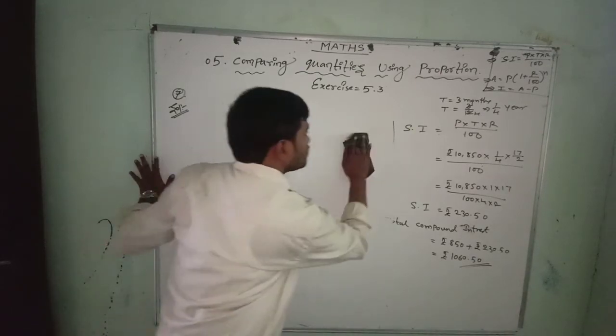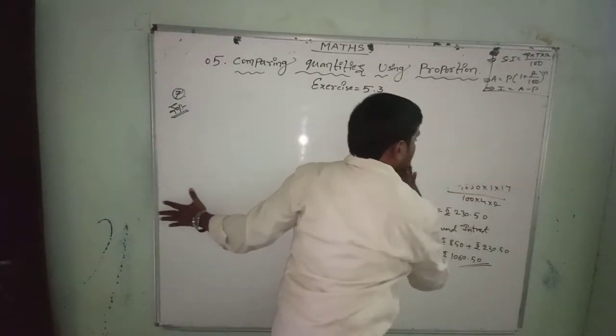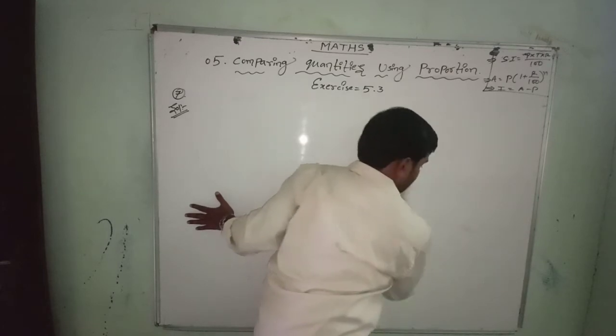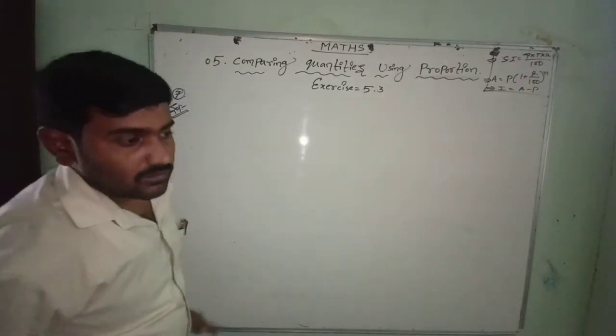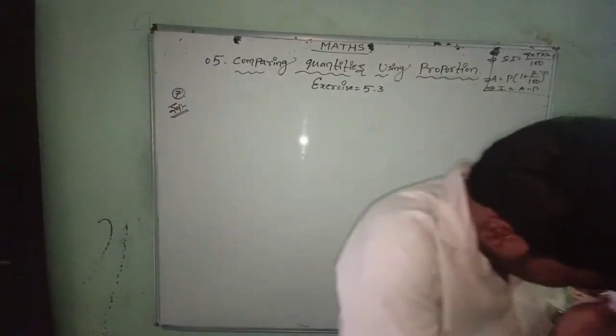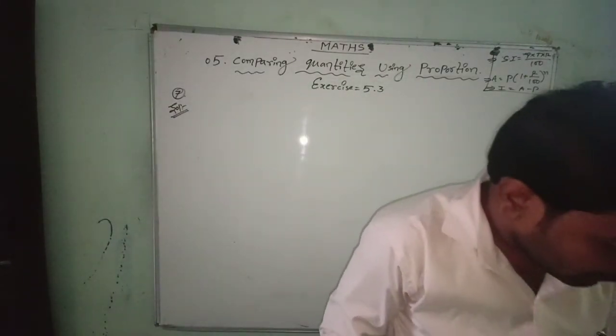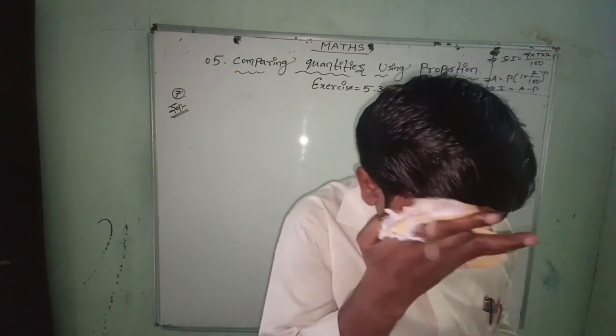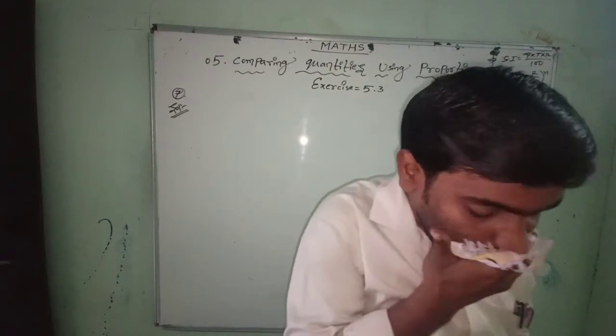Now next, we go for the next question, that is question number 8. Question number 8 is that Arif took a loan of 80,000 rupees from the bank. How much did Arif take? This is very important.